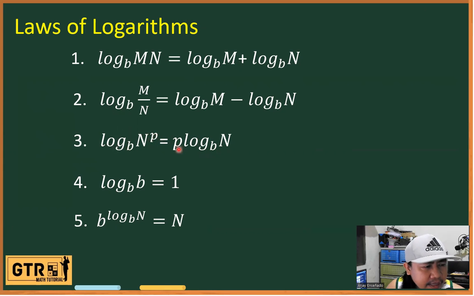Then logarithm of b, if the base is equal to this number, logarithm of b to the base b, that is simply equal to 1. Then another, we have b raised to logarithm of n to the base b, so that is simply equal to n. So we can cancel out logarithm of base b and b, since exponential and logarithm are inverse operations. So kaya na-cancel na lang, n na lang ang matira.